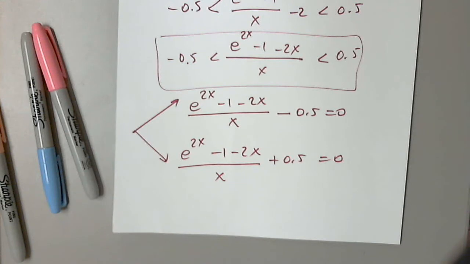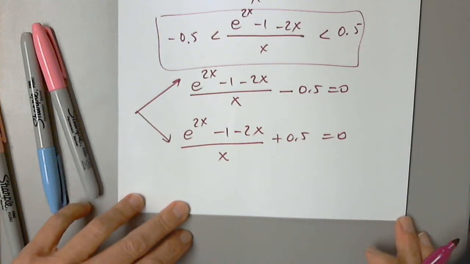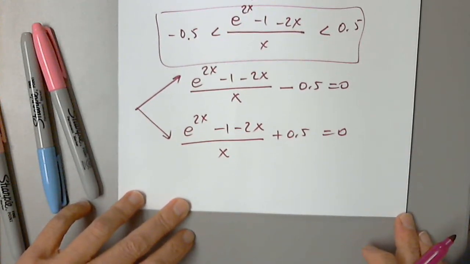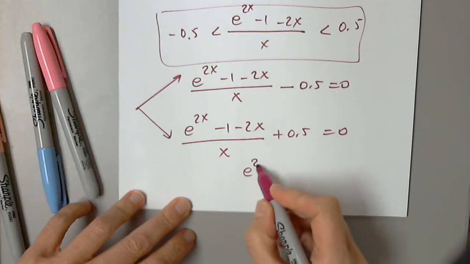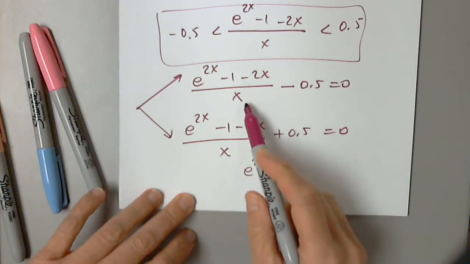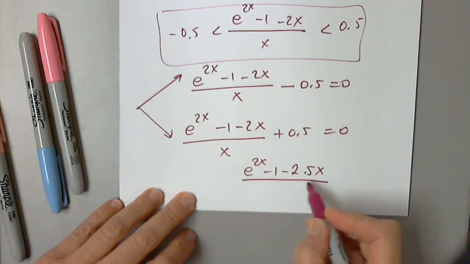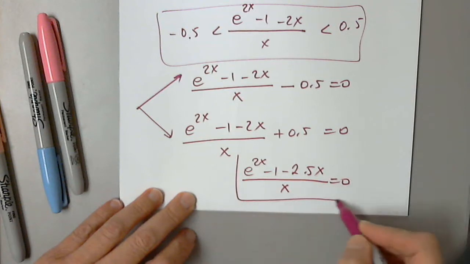At this point, we don't know how to solve these equations by hand. We will have a very important method, as I said, in chapter 4. So this is e to 2x minus 1, I find the least common denominator, minus 2x, but minus 0.5x will be minus 2.5x divided by x equals 0. That's the first equation.